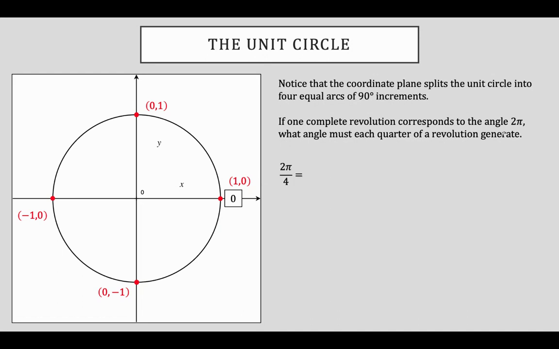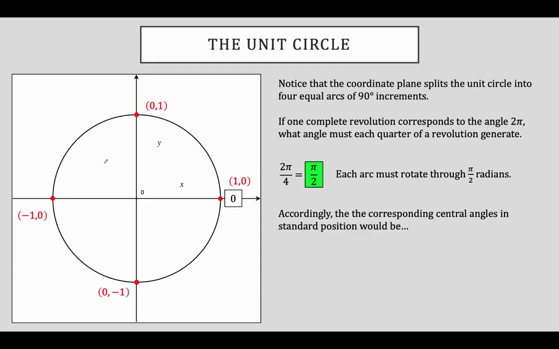Well, if we take 2 pi and divide it by 4, we get pi over 2, or 1/2 pi. That means each arc must rotate through pi over 2 radians to give us a quarter of this unit circle.